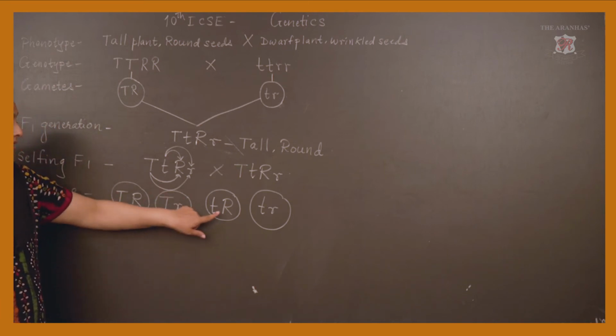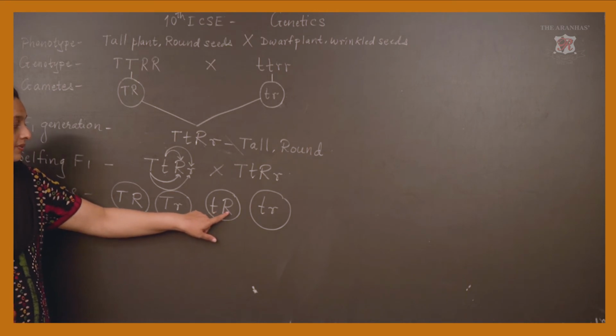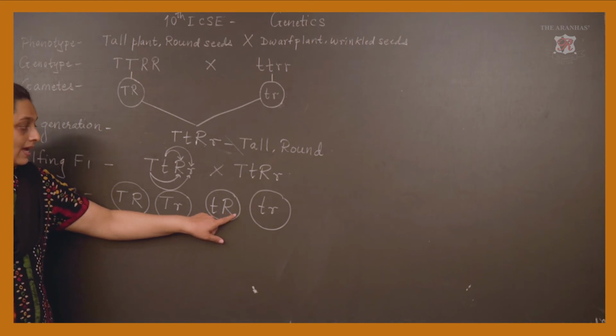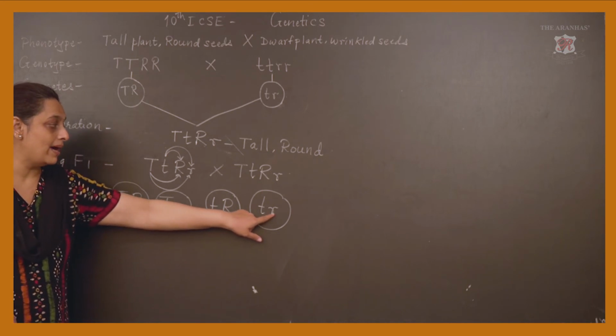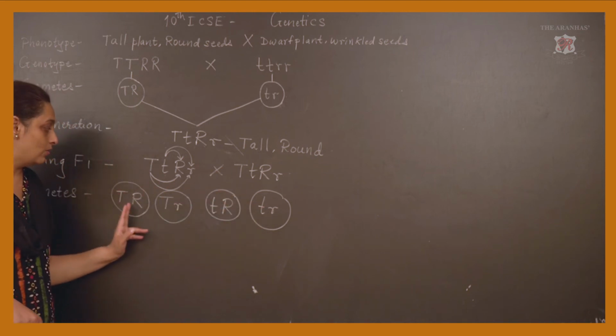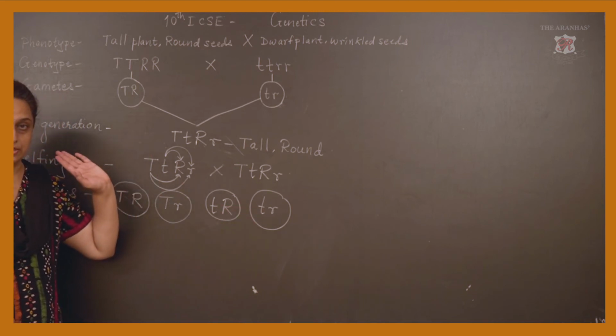Then with dwarf character, again two possible combinations, dwarf combining with round character and dwarf combining with wrinkled character. So these are four possible combinations.